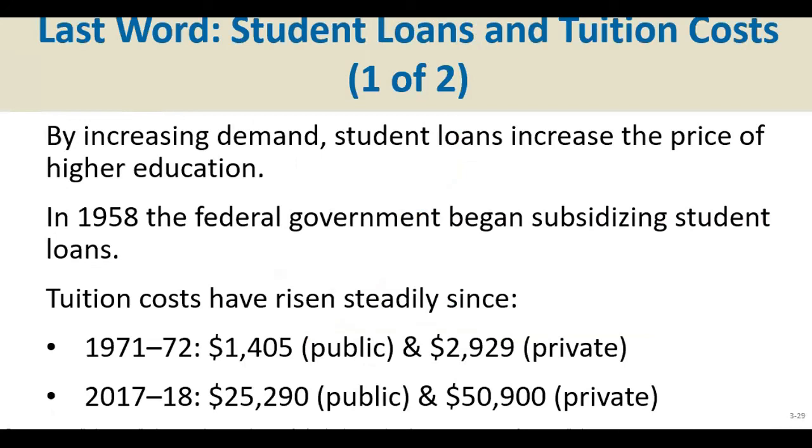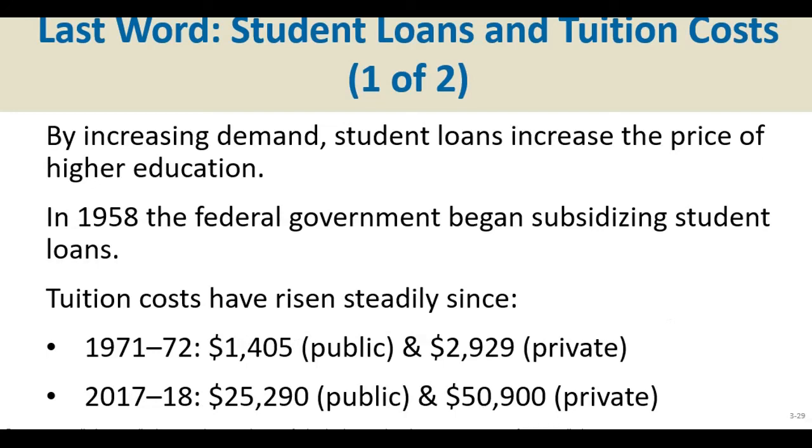If you look at the data from 1971, 1972, where public education is around 1,400 and private about 3,000, to now 2017, 2018, you can see the shift. Public education went from 1,405 to almost 25,000, and private from 3,000 to 50,000.